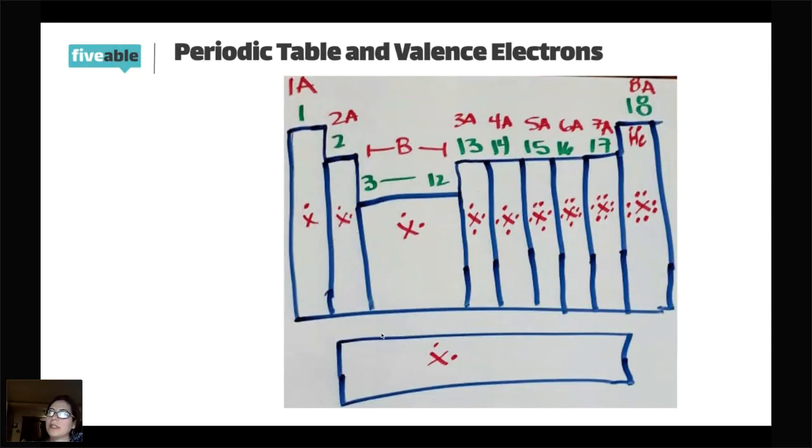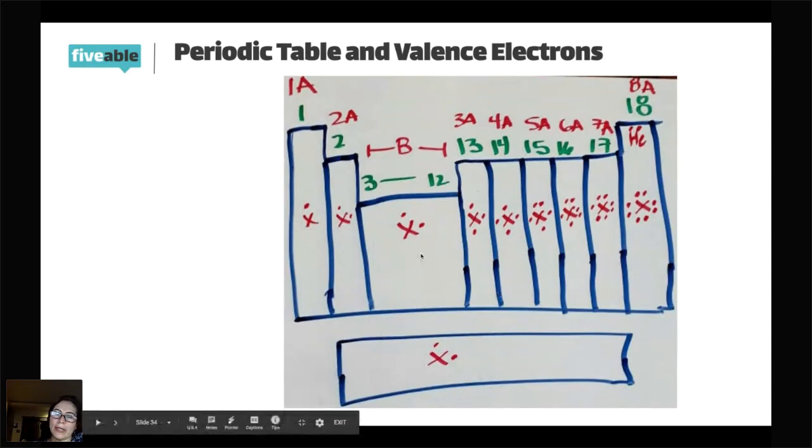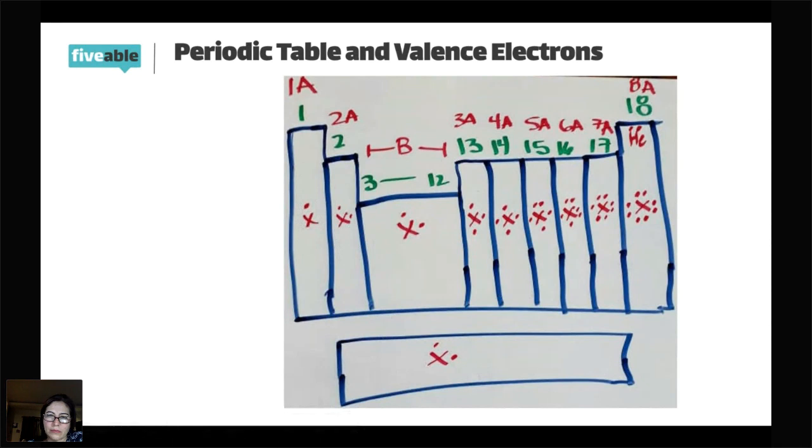What about the transitions? What charge will they normally have? Yes, Luca, 2+, or they could have different charges because remember that they can lose those 2 valence electrons and some of the inner electrons as well.